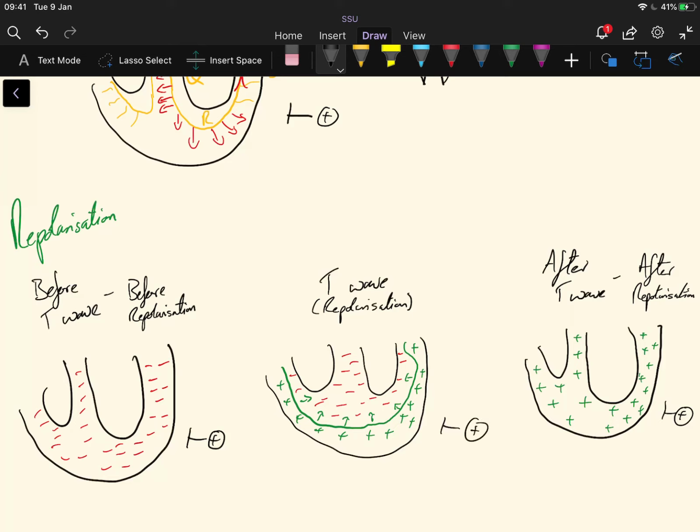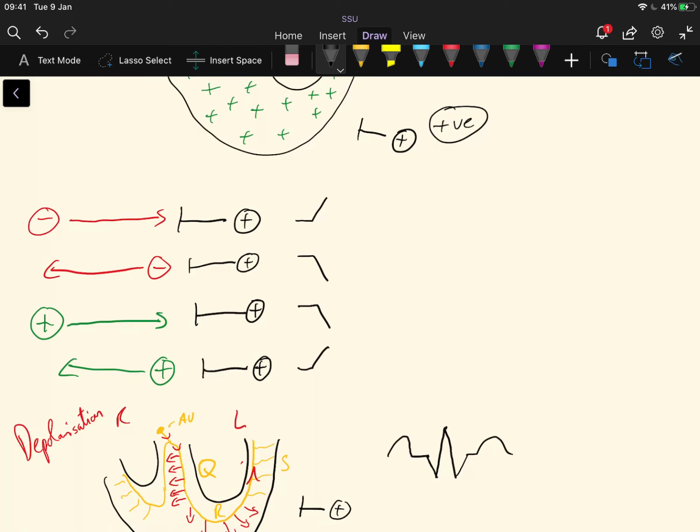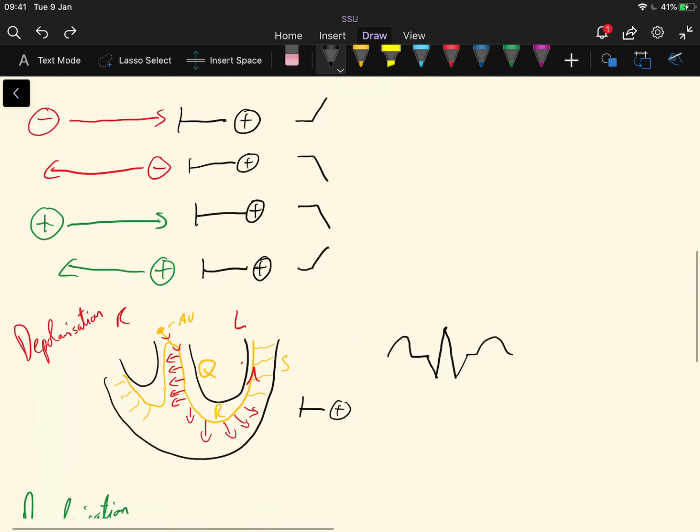Now, because it's moving from outside inwards, it's moving this way. What we see is positive charge moving away from a positive lead. And as a result, positive charge moving away from a positive lead gives us an upstroke here, like we just said.